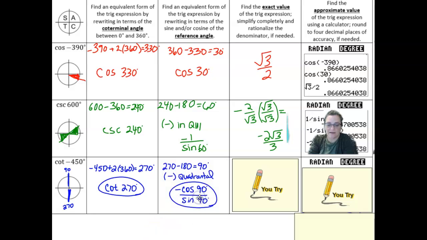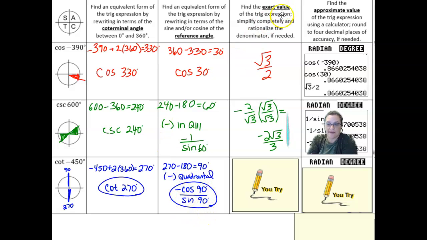And the cotangent is the cosine over the sine. So we've got cosine of 90 over sine of 90. And remember, 270 has a negative y value, and so that makes the cotangent value negative.